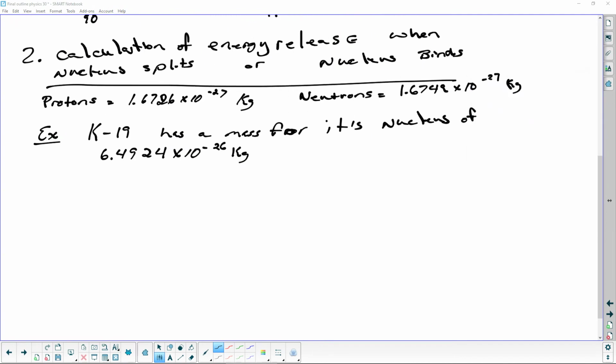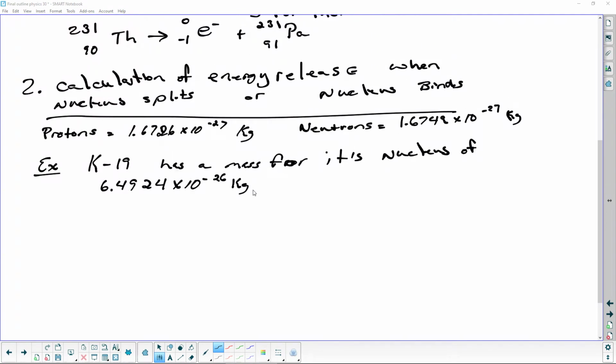Let's move my brains over here. Okay, so what is its nuclear binding energy? Oh, spell this right.